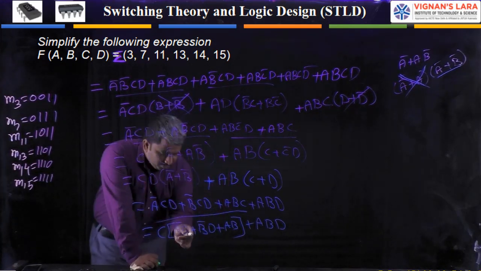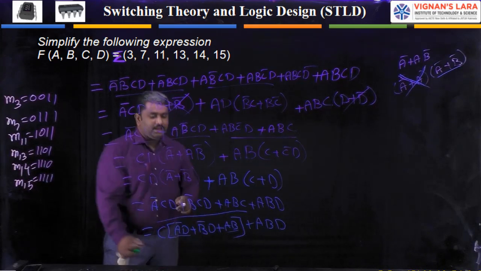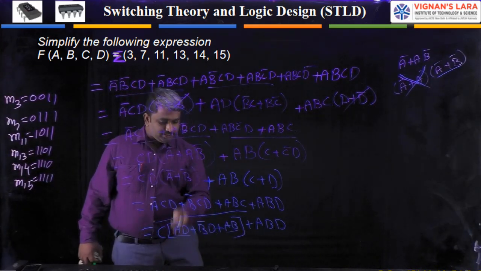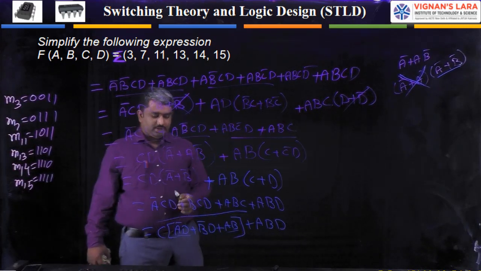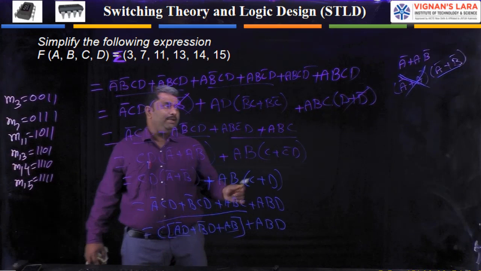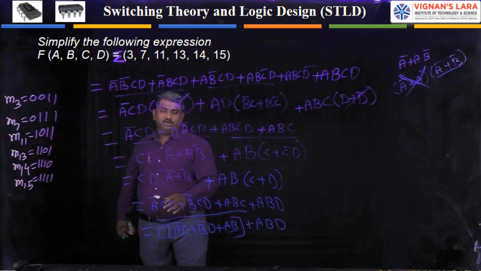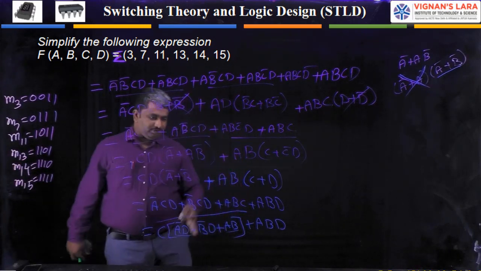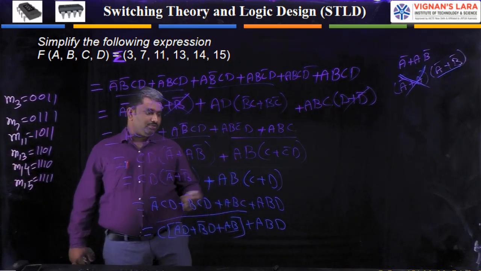See here, from these two you have to apply the xyz formula, x plus yz into x plus y into x plus z. Finally, a lot of complications are there in how to simplify and which terms to take common.